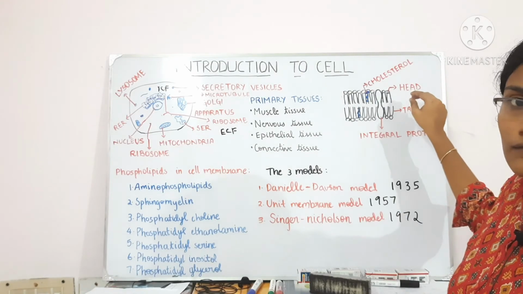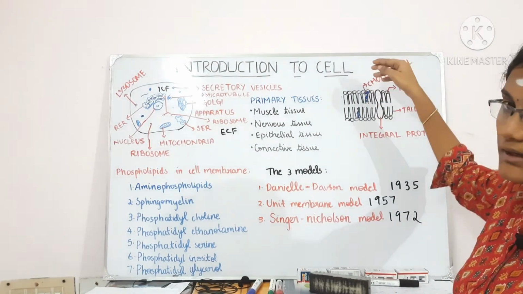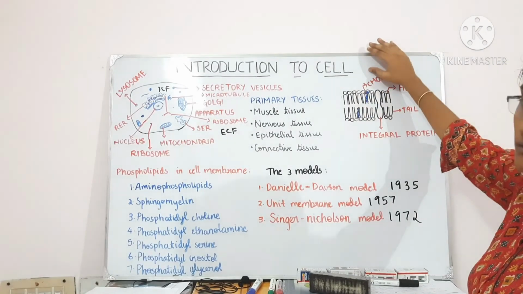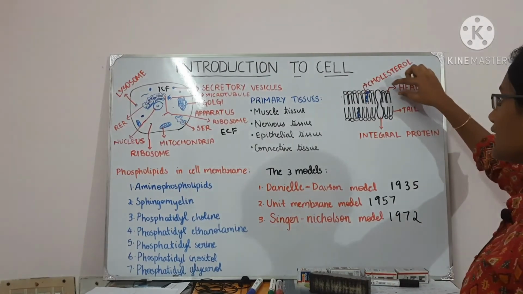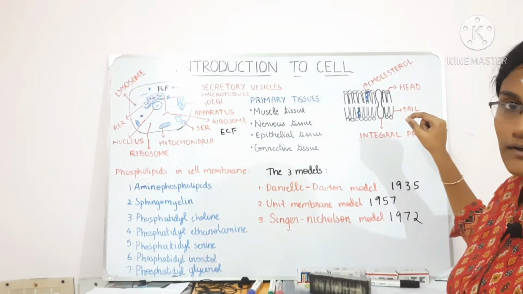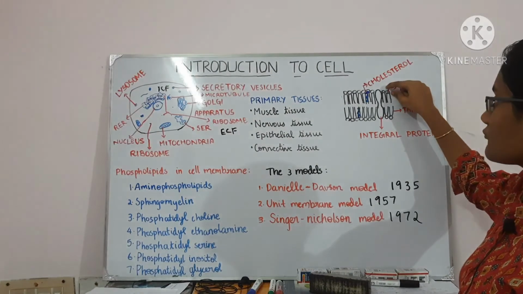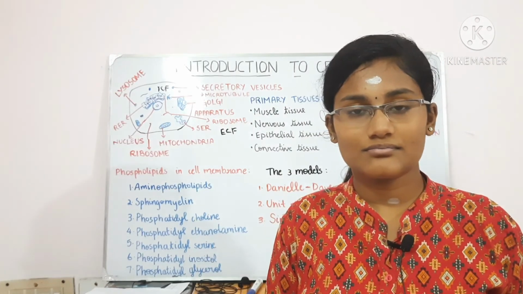So only those fat soluble or lipid soluble substances can pass through the cell membrane from out of the cell into the cell. Also, the head portion is called the polar end and the tail portion is called the non-polar end, because the head portion is hydrophilic and the tail portion is hydrophobic.